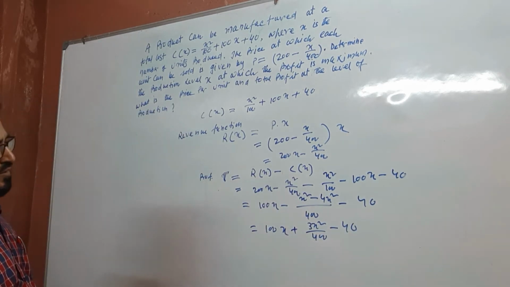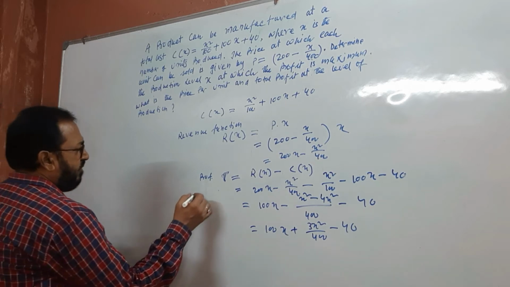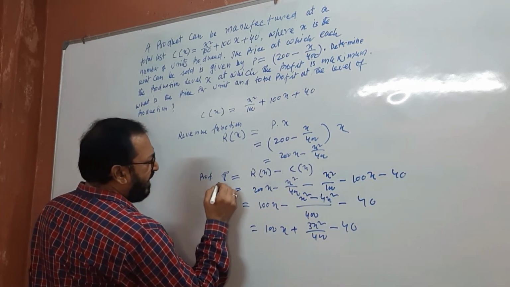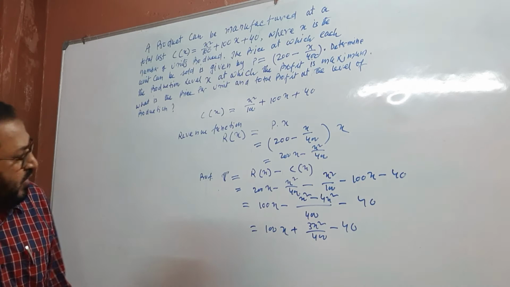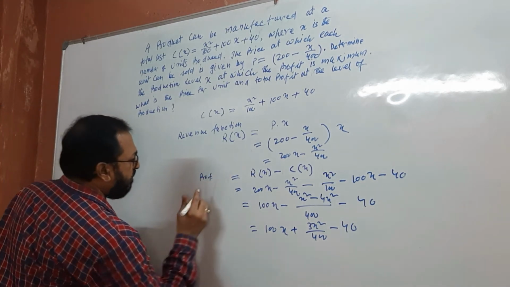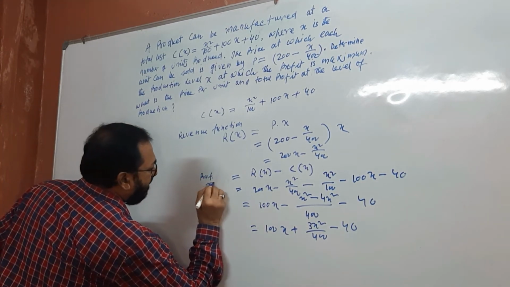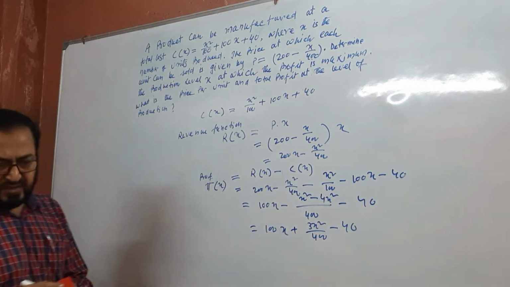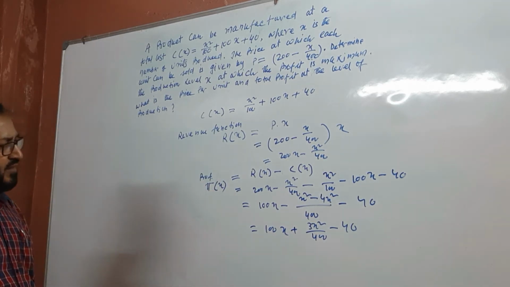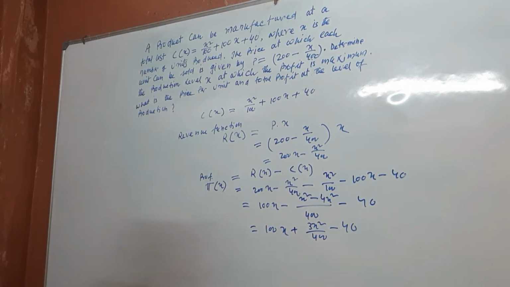This is the profit function. Profit function pi(x) equal to 100x minus 5x squared by 400 minus 40.